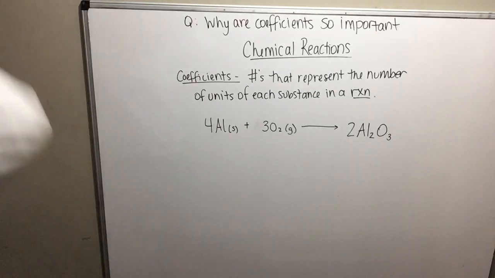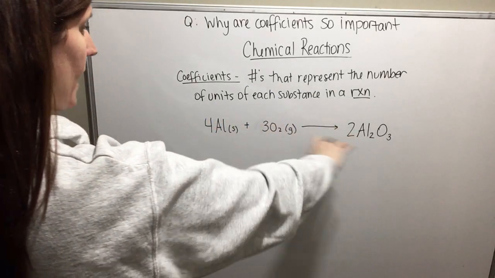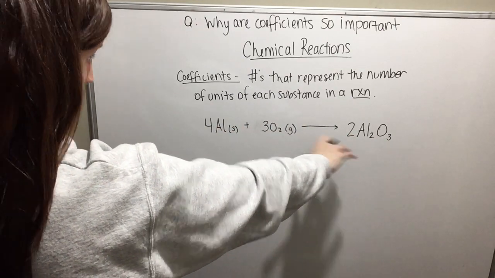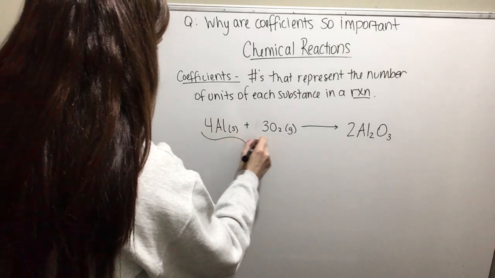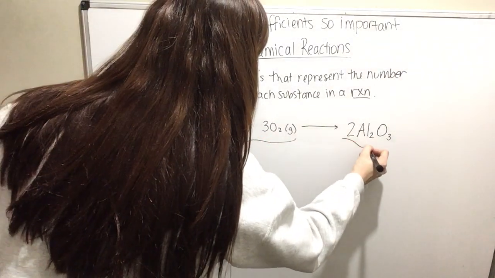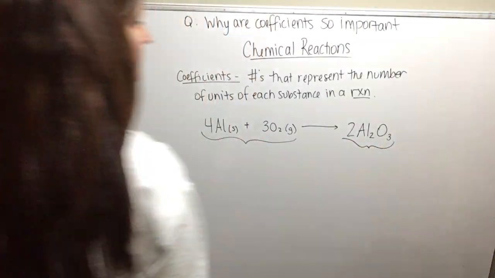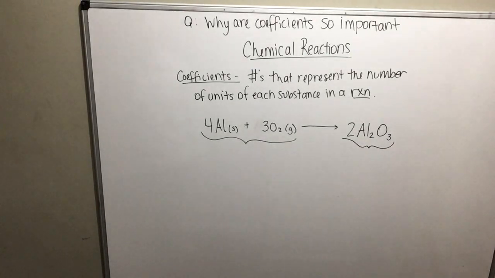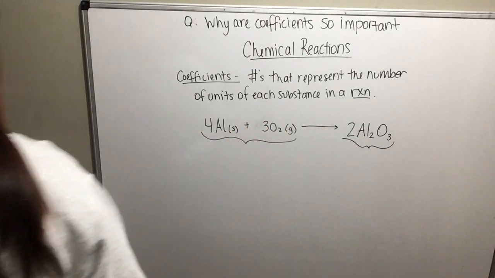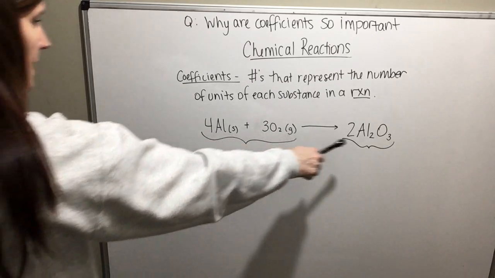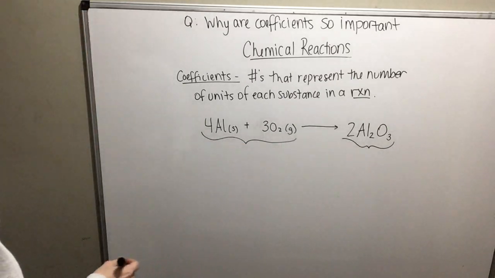Okay, so this is a chemical reaction, or a chemical equation written out. Here are my reactants. Here is my product. Okay, in this case, there's one product. These combine and form that. We know this is in solid form. This is in gaseous form. That doesn't have a form listed.